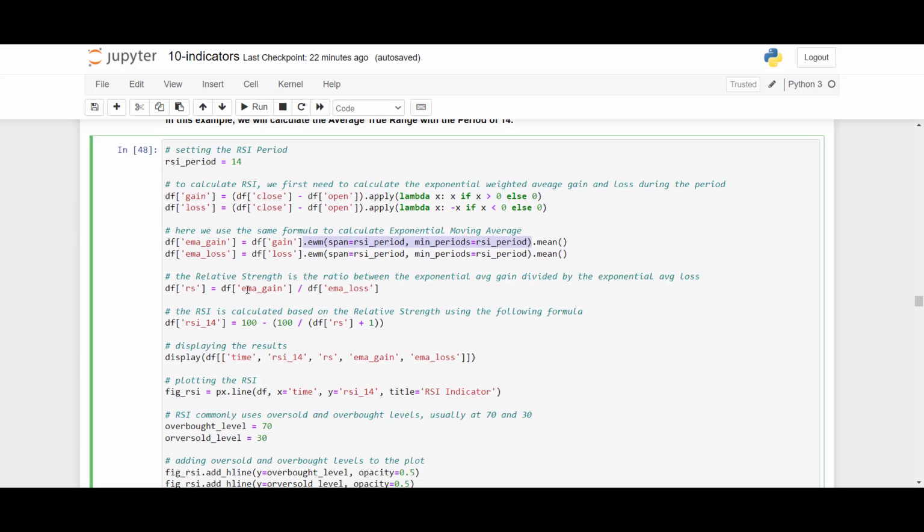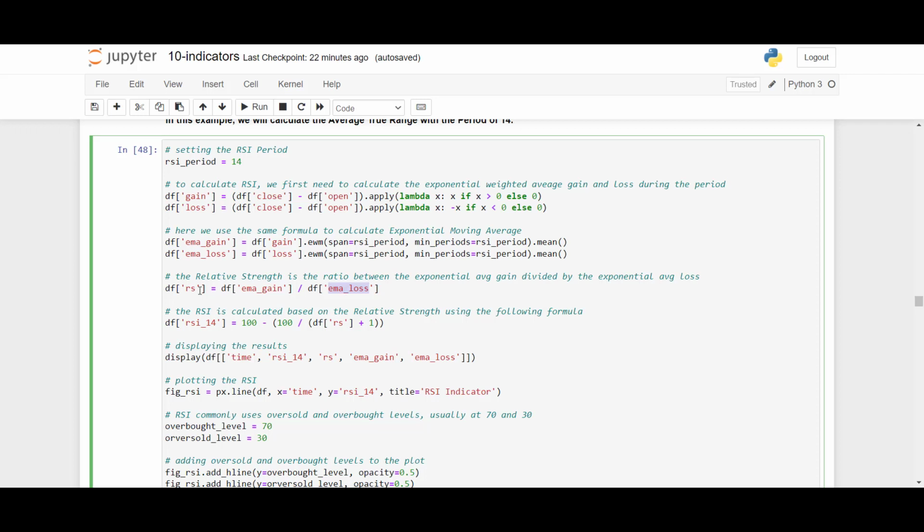By taking the EMA of the gain and the EMA of the loss, we get something called the relative strength, which is just the ratio of the exponential average of gain divided by the EMA of the loss.